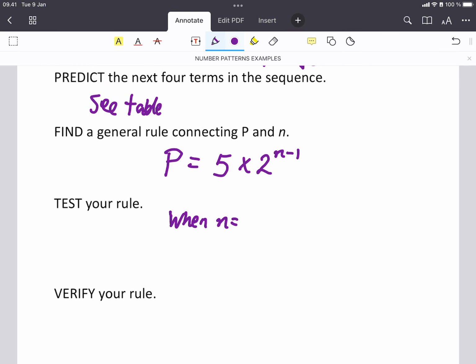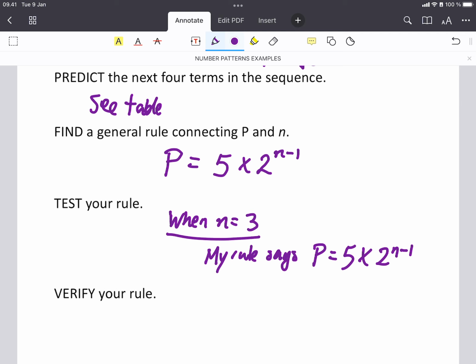So when n equals 3, for example, my rule says P equals 5 times 2 to the power of n minus 1, which would be 5 times 2 to the power of 3 minus 1, which would be 5 times 2 squared, which would be 5 times 4, which would be 20.